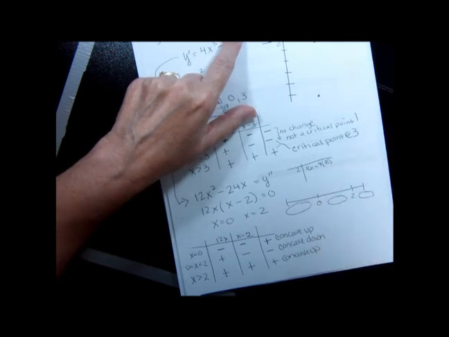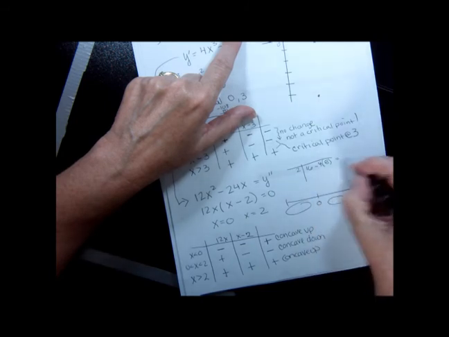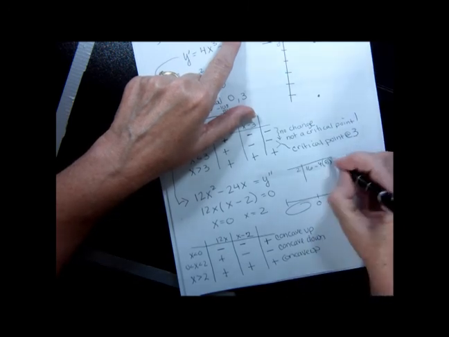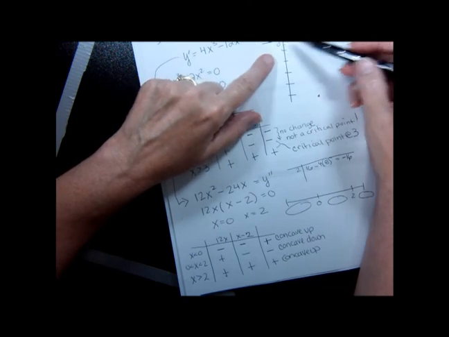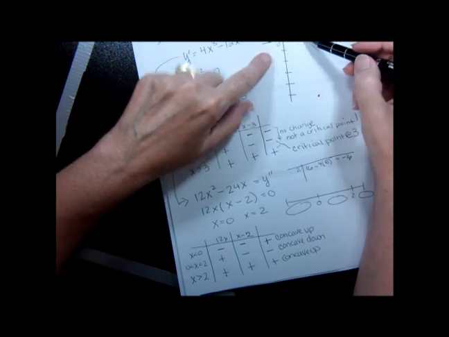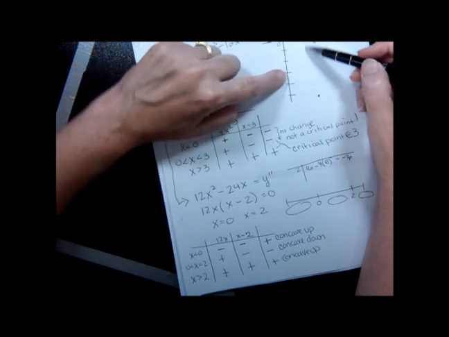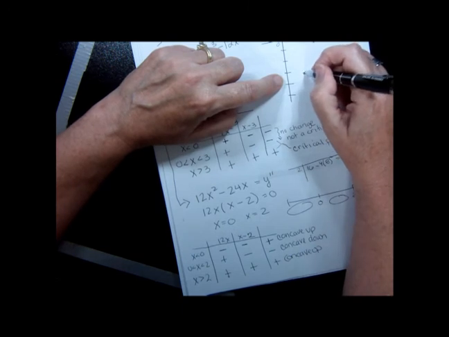So 16 minus 32 is -16. So I do have a point on the graph that is at 2 and then -16. So I did these in 5s, 5, 10, 15, right here about -16. And that is my inflection point.